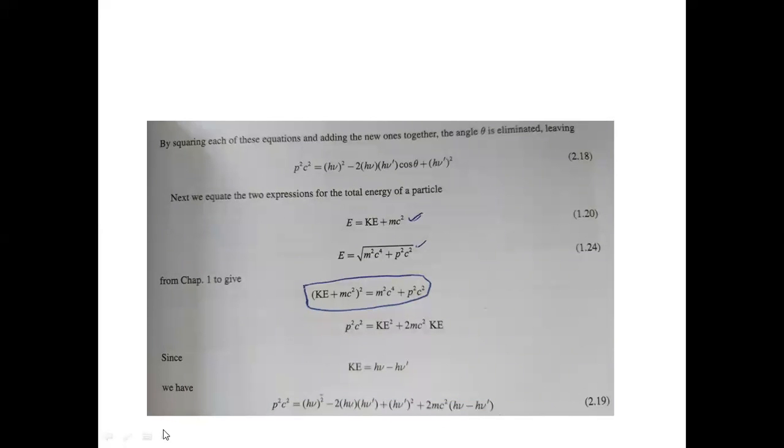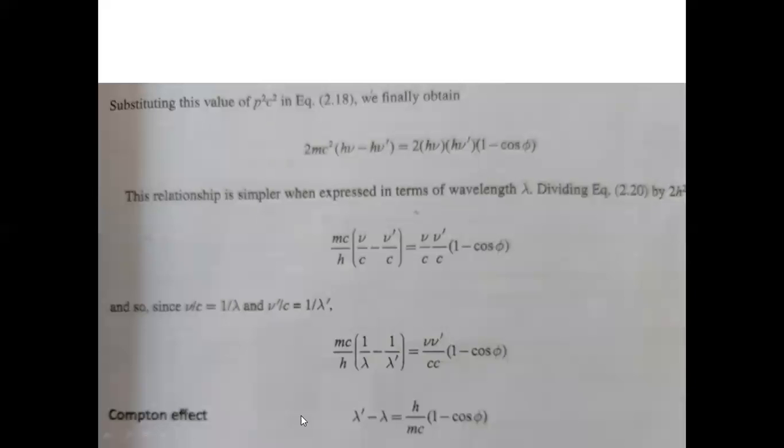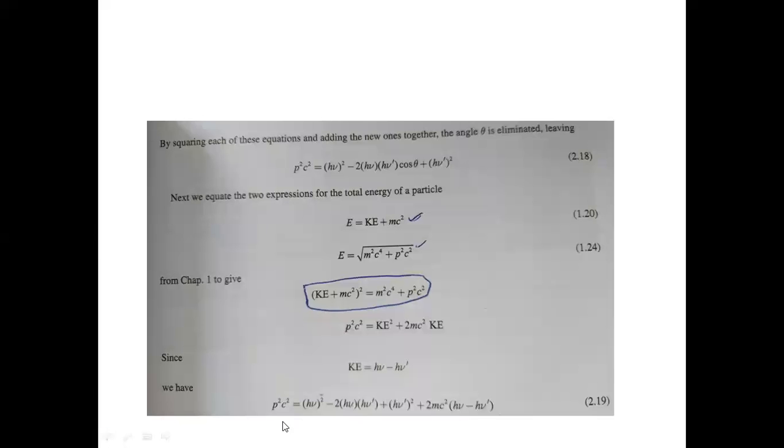So as we got this equation, we can substitute the value of p square c square in this equation. So let me explain it. We can put the value of this p square c square here.